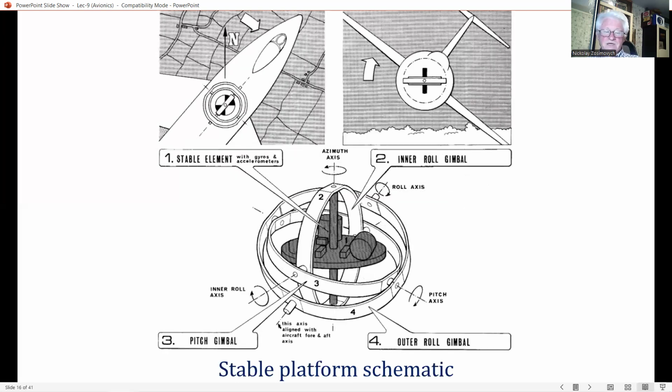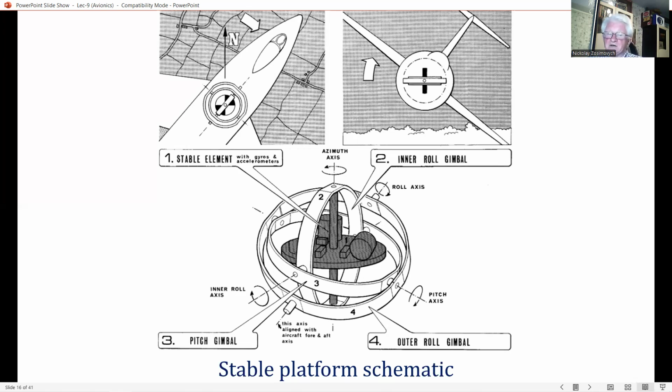So there are two basic inertial mechanizations which are used to derive the Euler angles to the required accuracy. The first method, which is known as a stable platform system, has the gyros and accelerometers mounted on a platform which is suspended in a set of gimbals.